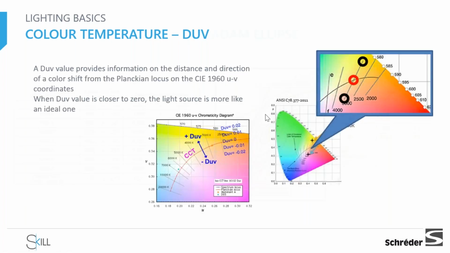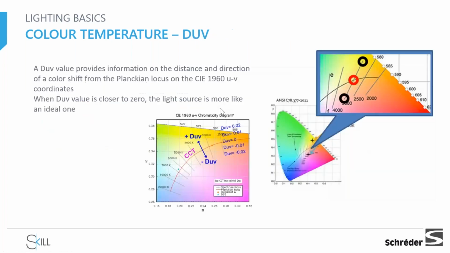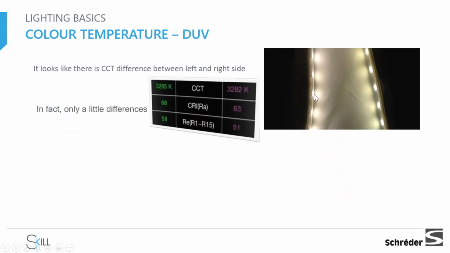Ideally they should be within a 1-step MacAdam ellipse, and the majority of people would not be able to distinguish them. But due to the fact that we have DUV plus and DUV minus, it seems that they are not in the same MacAdam ellipse. It seems that one is on the plus side and the other on the minus side.